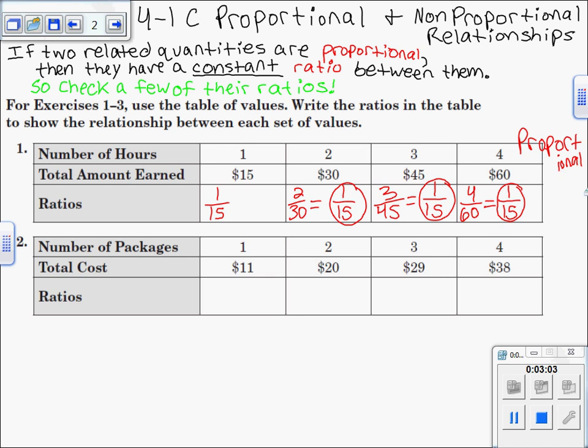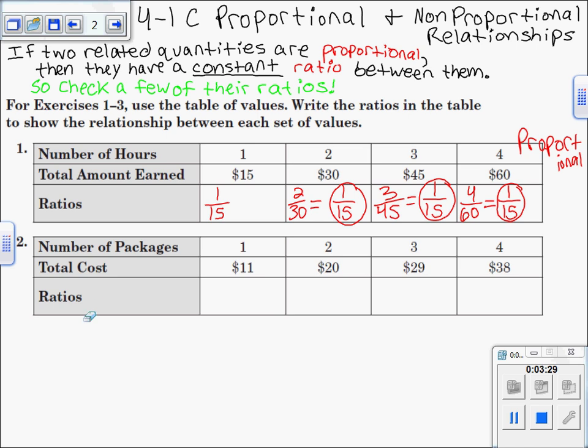Let's say at 247 hours, we can use a proportion and easily solve and know exactly what happens at 247 hours. Or we could say, how many hours will it take us to earn, let's say, $579? We can predict how many hours it'll take to earn $579. Those types of things can be solved using proportions.